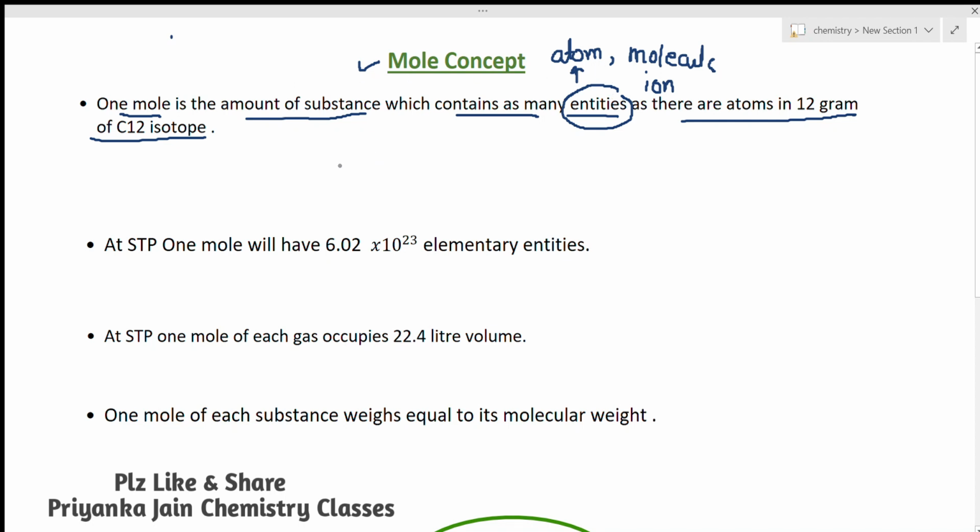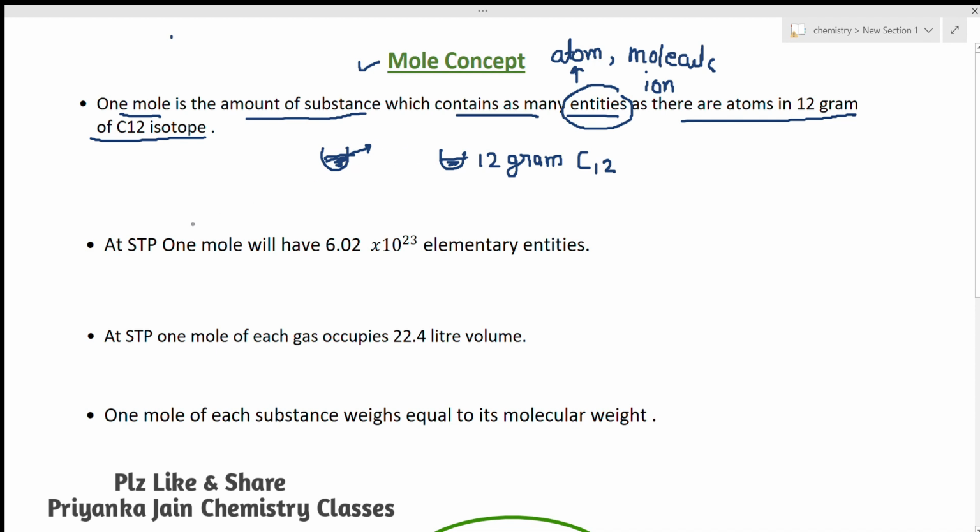So if we are taking an amount of a sample, and it has the same number of atoms or molecules or ions as are present in 12 grams of C12 isotope, then it is called 1 mole.